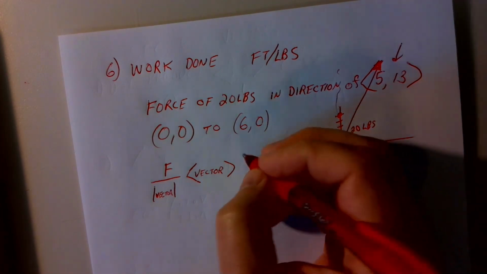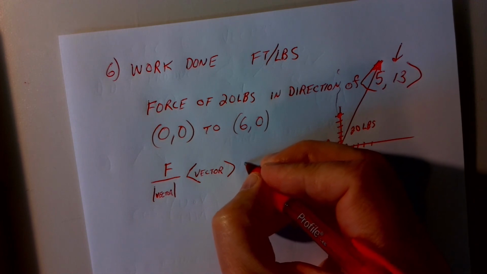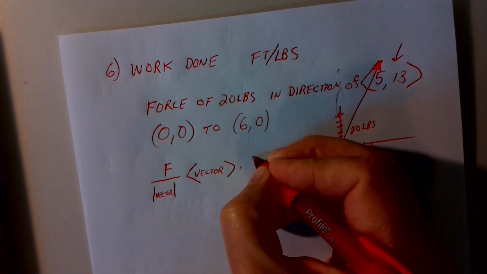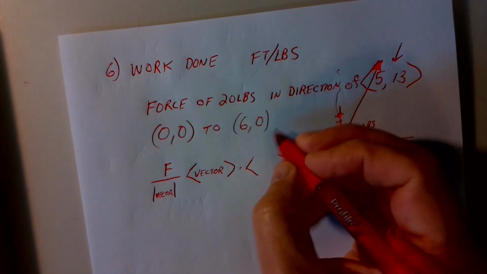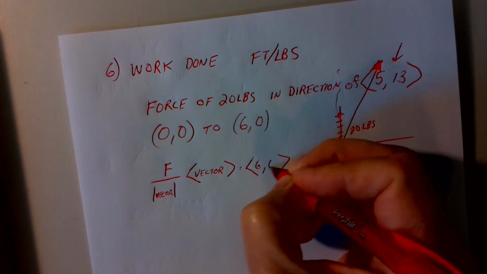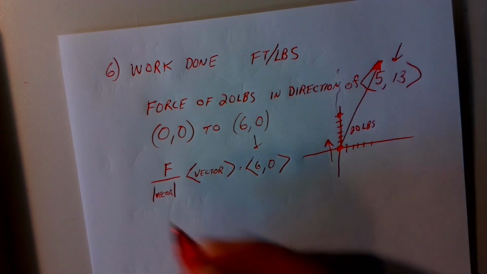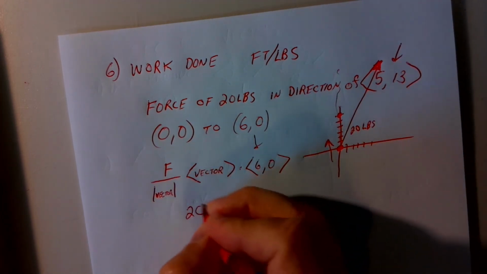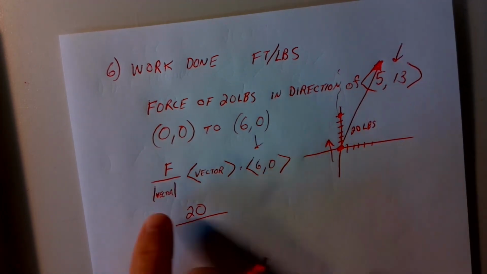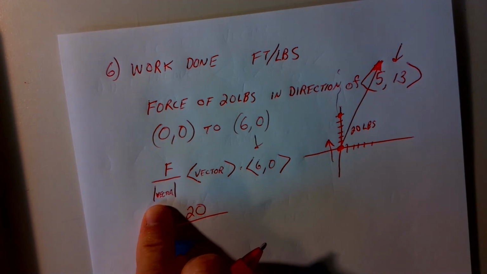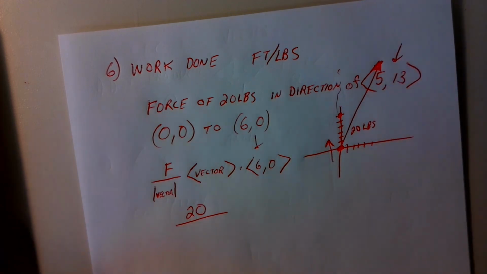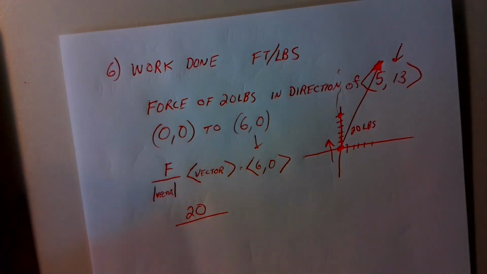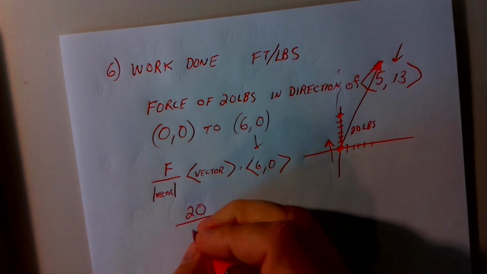Then multiply that to where we want to end up, the end direction of this 6, 0. So where's my force? My force is 20. And my magnitude of vector t, my 5, 13: 25 and 169, so 169 plus 25, I get 194.